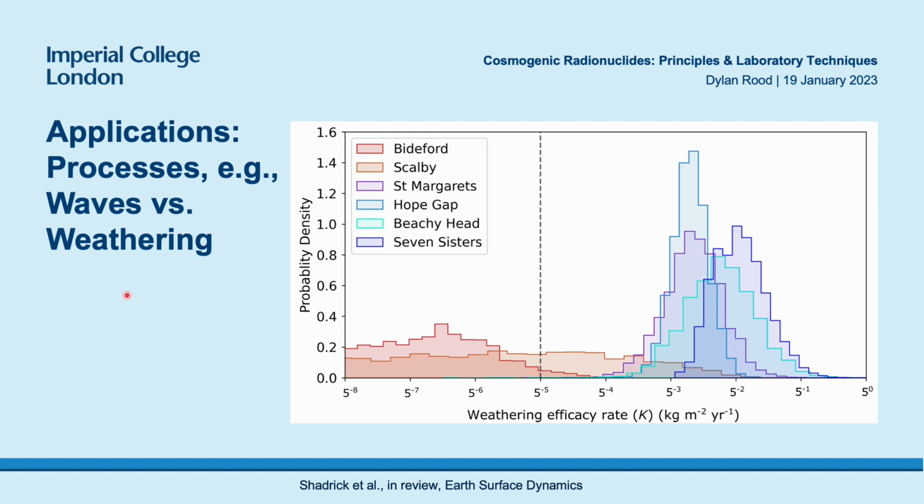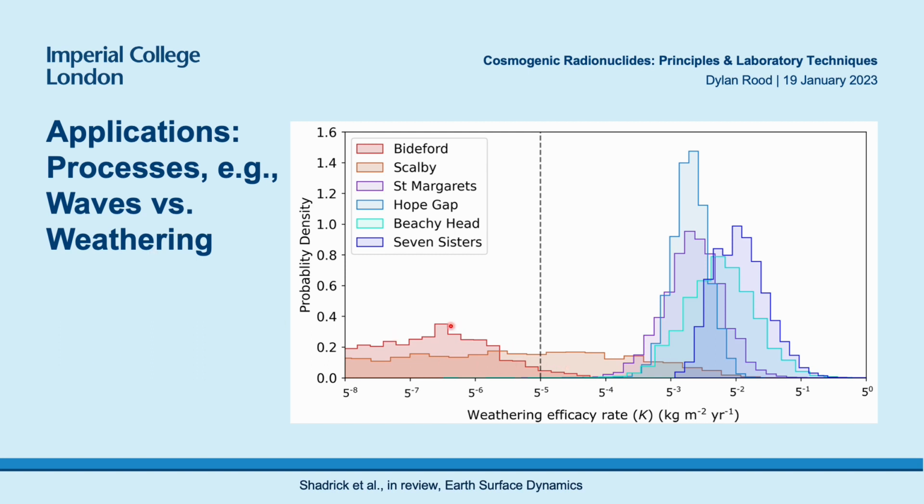We also, of course, get some essential information about processes acting on the coast. For some of you who are more interested in the processes, this is an example of where the numerical model gets constraints on the weathering rate. This helps to address the waves versus weathering controversy that has persisted in the community for quite a while.